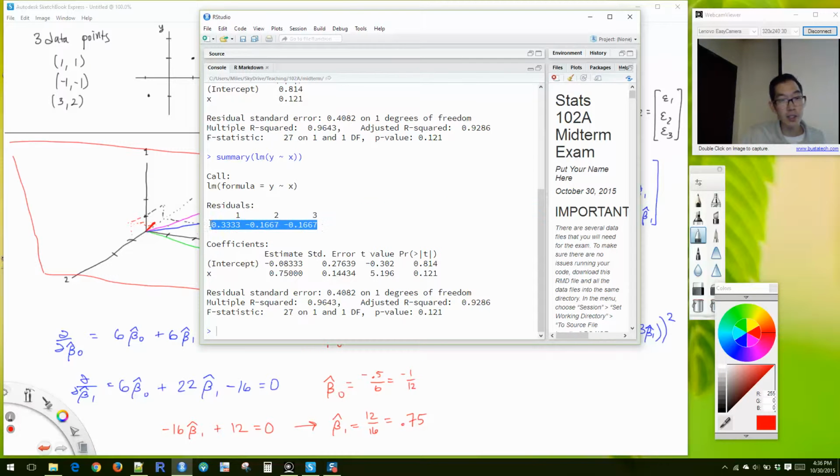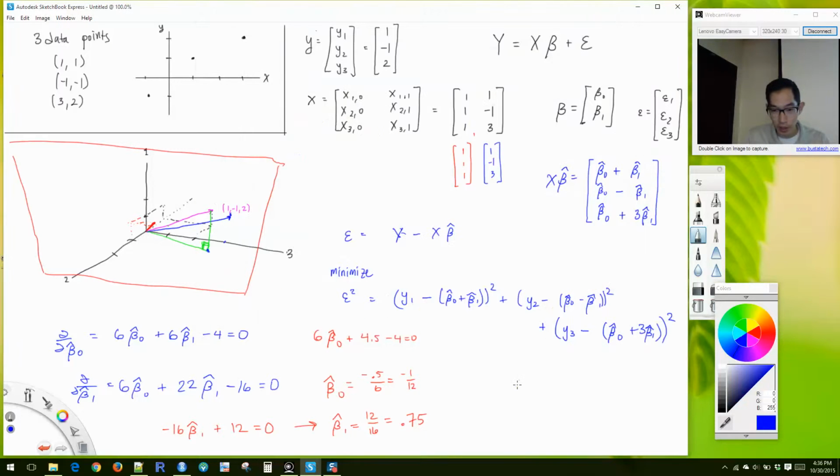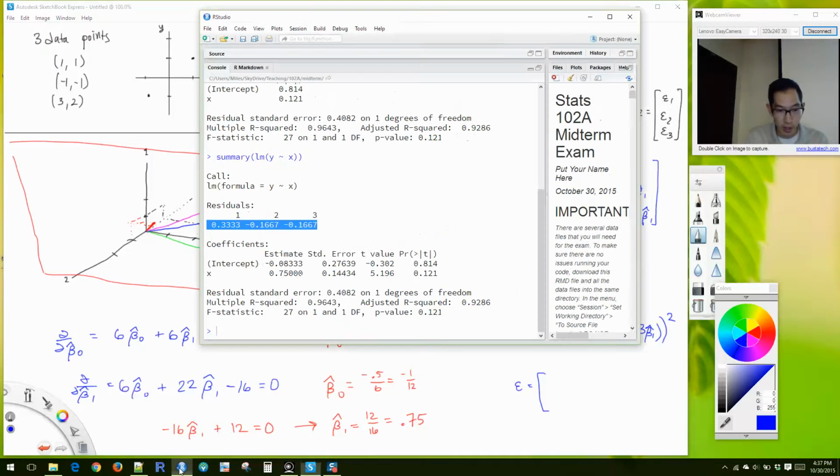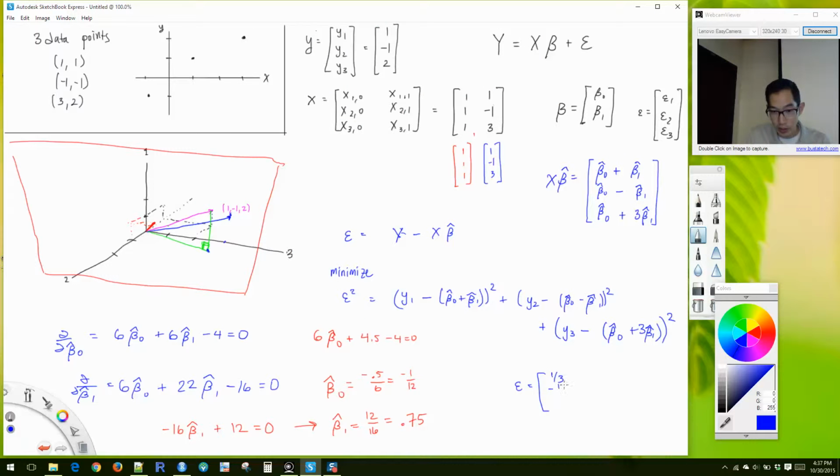Okay, and this is our residual vector. So this would be our error term. What is it again? 0.33. So 1/3 and -1/6, -1/6. So I got 1/3, minus 1/6, minus 1/6.